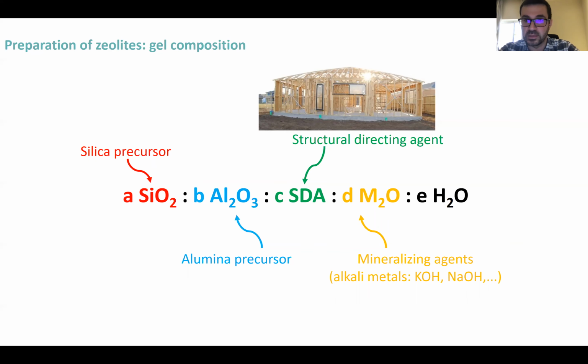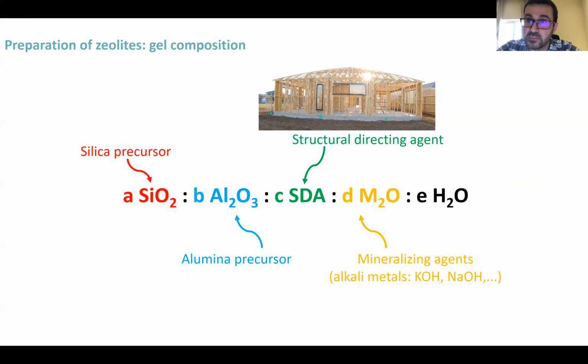However, if you have alumina, you will need a mineralizing agent that helps in dissolving the alumina and silica and also acts as a charge compensating agent, as we saw in the previous week, since alumina needs something to normalize the charge and to have zero charge of the zeolite.